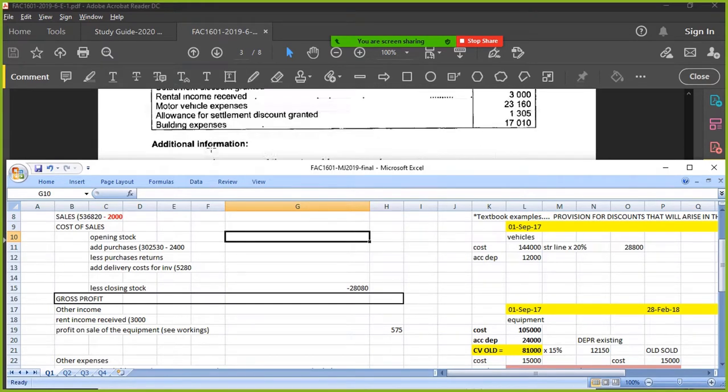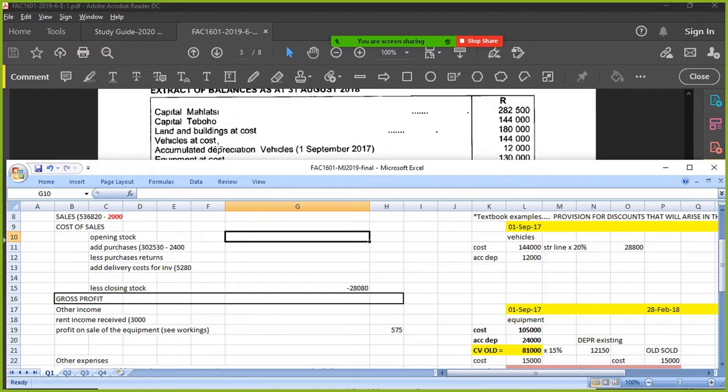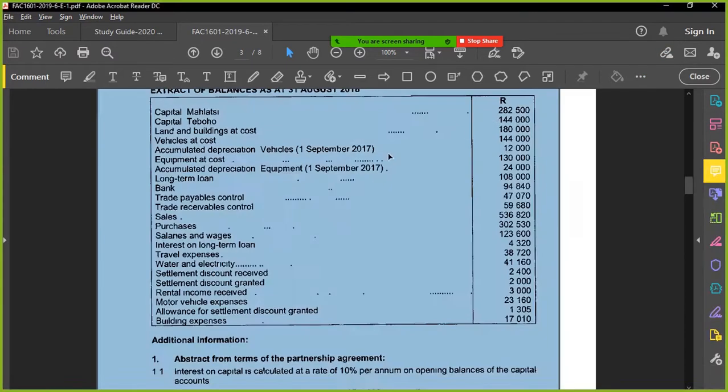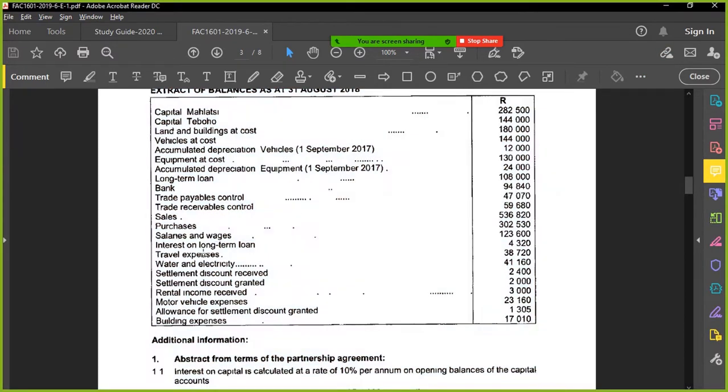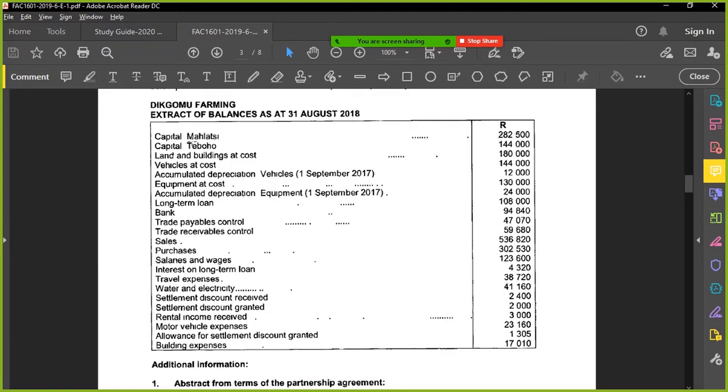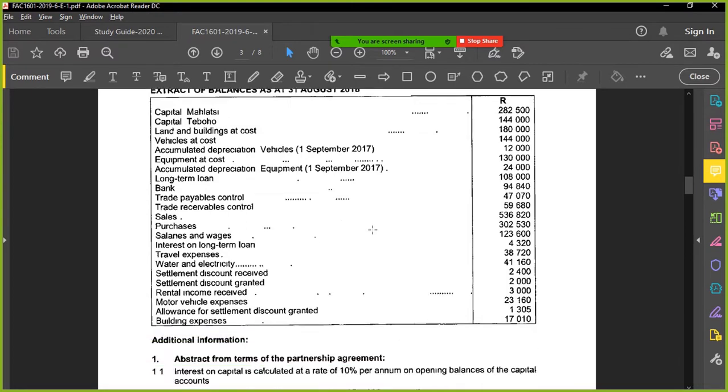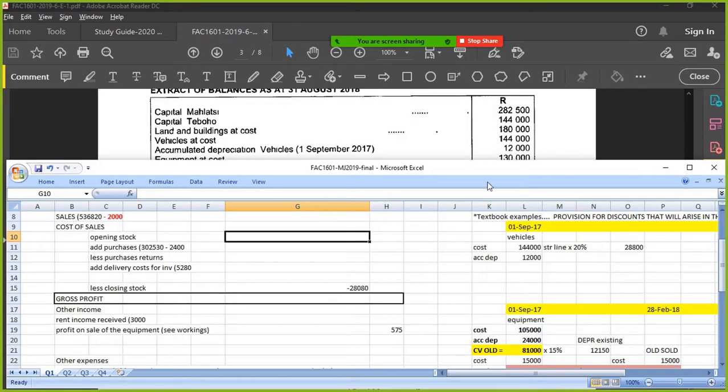But then if I look at my extracts, where's my inventory here? Do you see inventory here? No, I don't see any inventory. Okay, so then I assume I had zero stock to start with. Does that make sense? Yes.